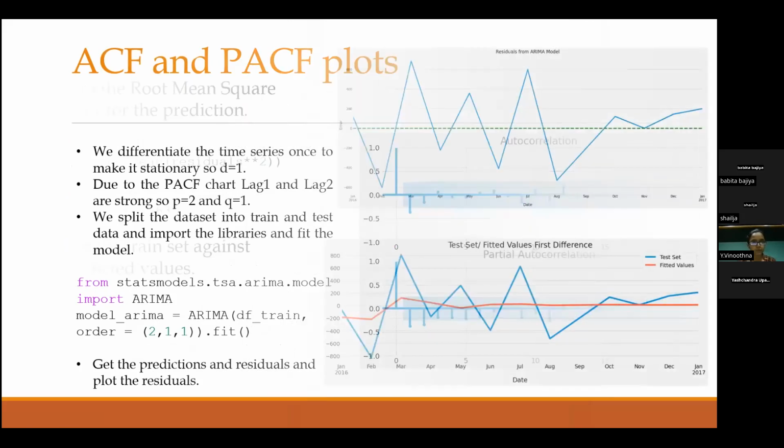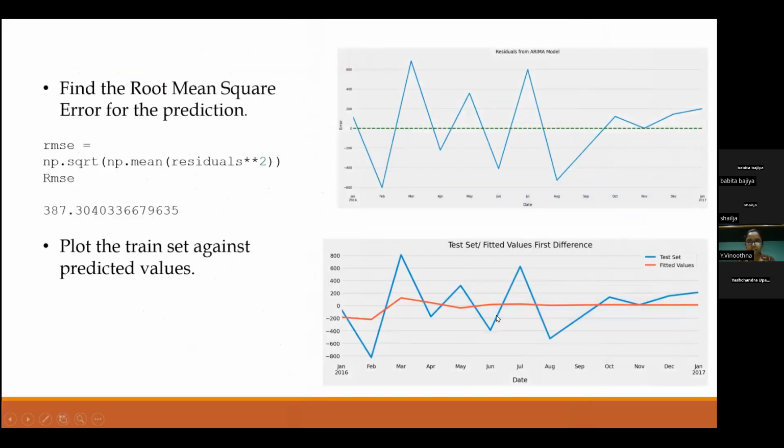When we plot the graph between the test data and the fitted data, we can see there is a very large difference between them. So we have to improve the model by using the SARIMA model.